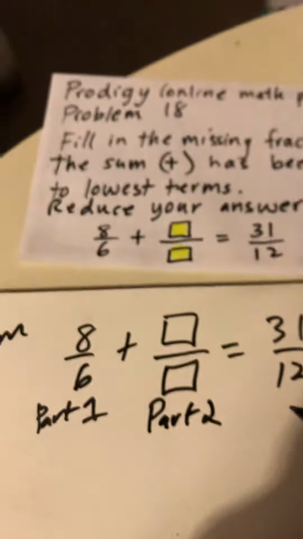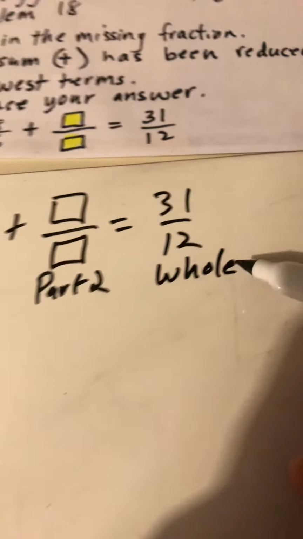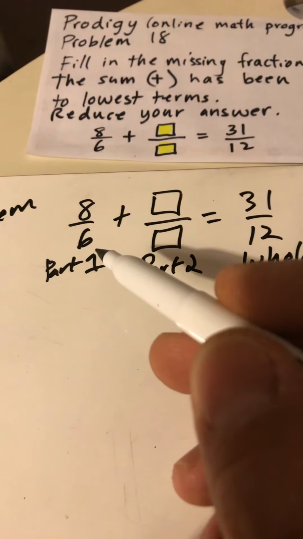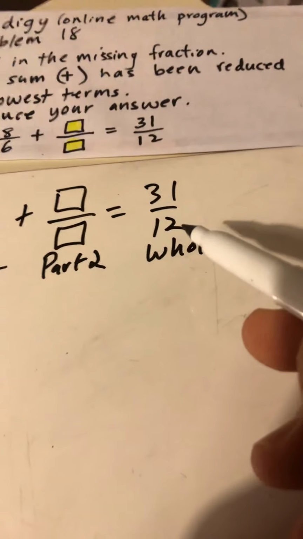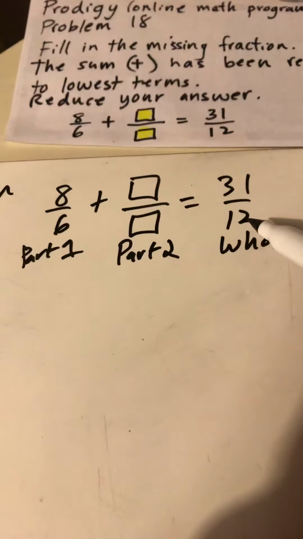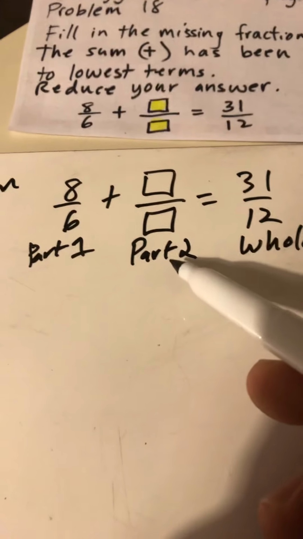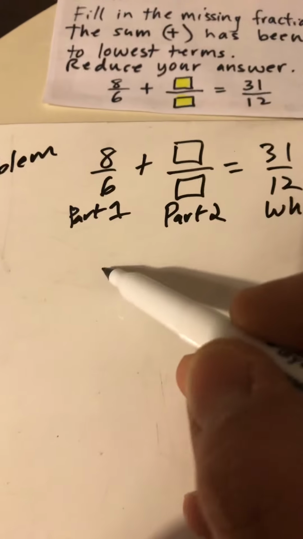But when you add them together, because it said sum up there, you should get this whole. So the other thing you could do to solve this is you subtract part 1 from the whole, and that should give you part 2. So we're just going to do it this way.